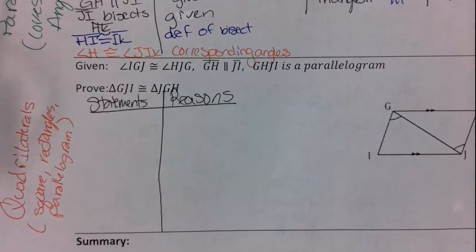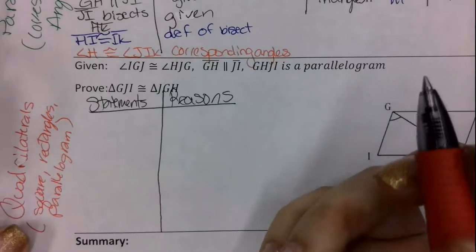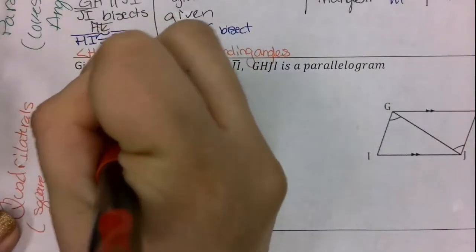So then I want to start off with what I was given. It starts off by telling me IGJ is congruent to HJG. These are really hard to say together.